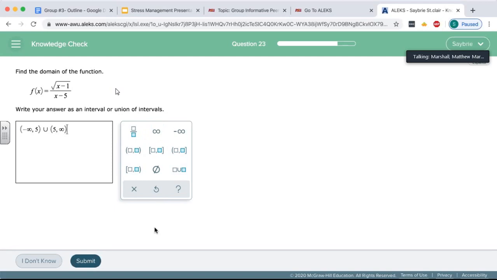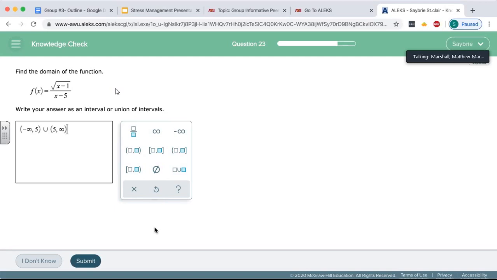The top part, I can't. x minus 1 has to be bigger than 0. So x has to be any number bigger than 1. So that means from negative infinity to 1.